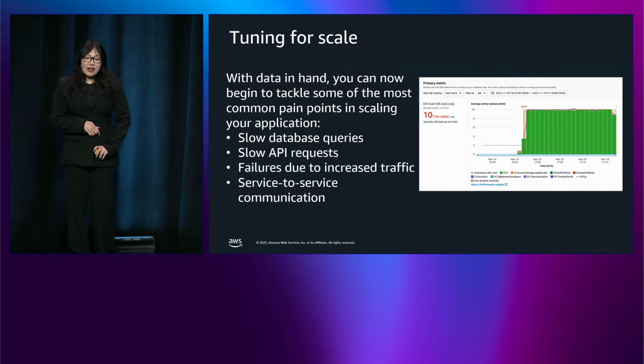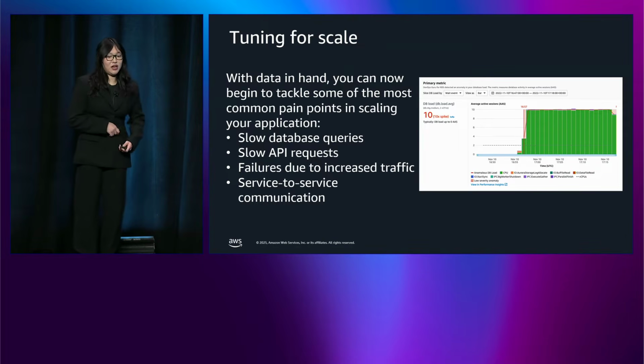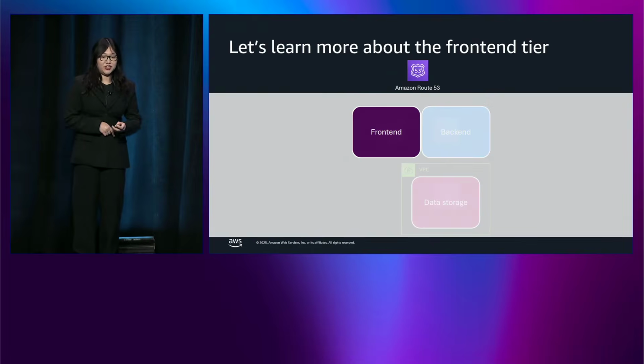So now that we have data at hand, we can make data-driven decisions. Now we're maybe actually seeing slow database queries or slow API requests, things that we can address by changing our architecture. So let's learn more about the front end tier.